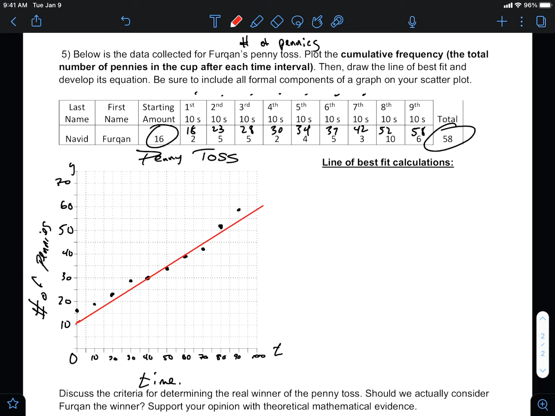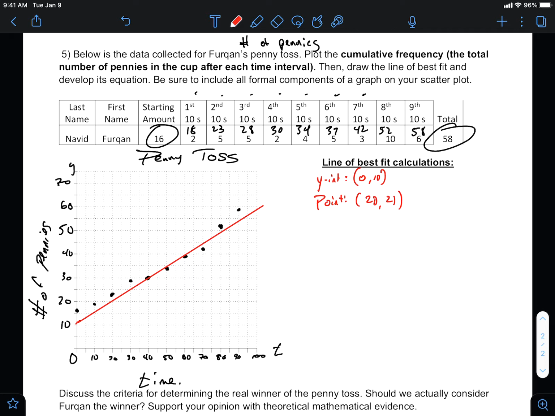I called it (0, 10). Then I found a different point that the line went through, a nice coordinate, right through a grid line, or as close to one as I could find. It turned out I was looking at maybe 20 and 21, so I called that another point: (20, 21).